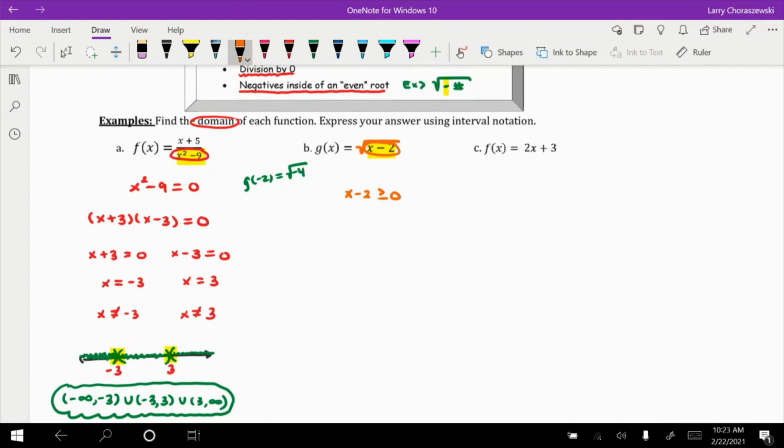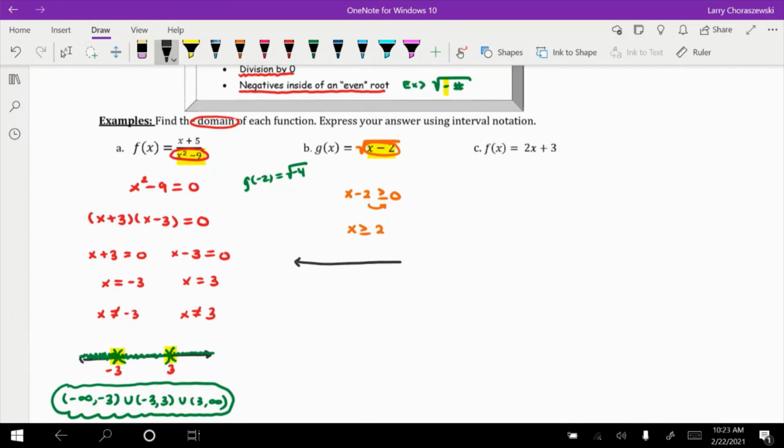Now this is a little bit of a different setting than part A. We're kind of in an inequality setting, and we basically just solve the inequality like we were doing before. In this case, we'll isolate x by adding 2 over to the right-hand side, and this tells us that the only x values we're allowed to use are those that are greater than or equal to 2.